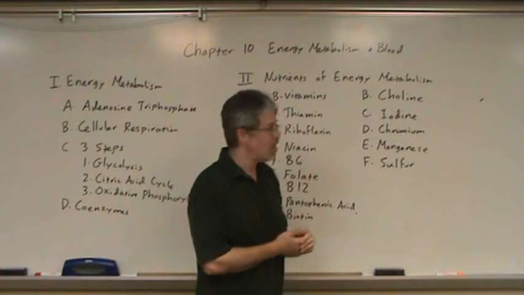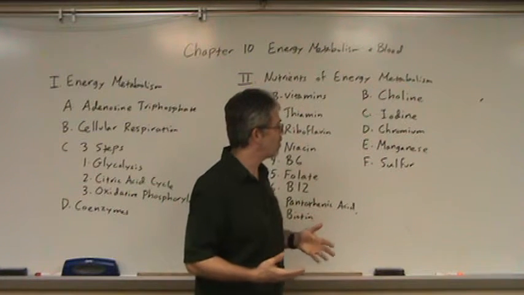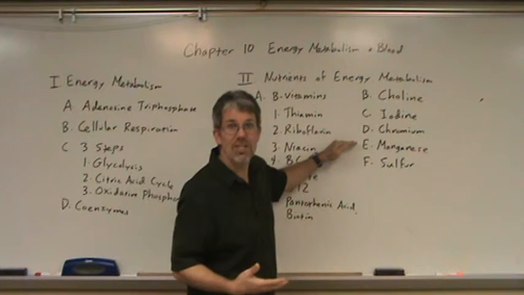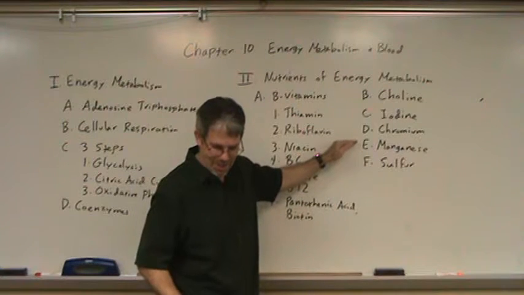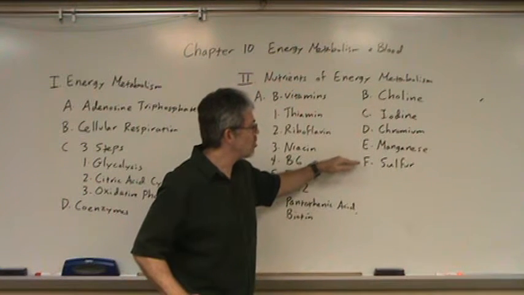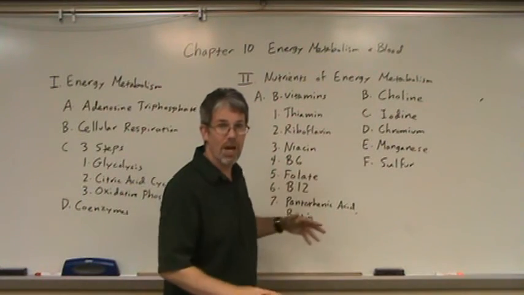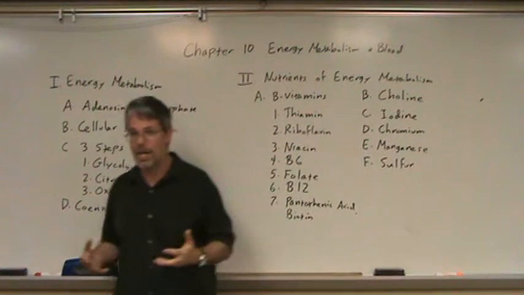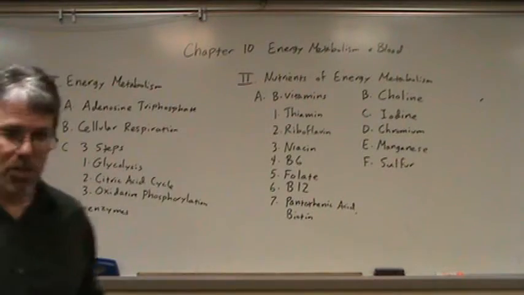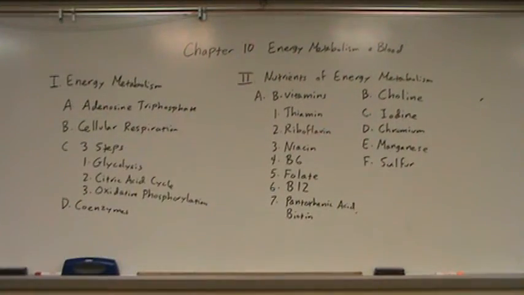Chromium is a coenzyme that's involved in carbohydrate metabolism. Manganese is a trace mineral, not to be confused with magnesium. Sulfur is used in energy metabolism, and it's also a component of protein. So sulfur is going to be abundant in foods that are high in protein. And this concludes our brief review of part 1 of this chapter.